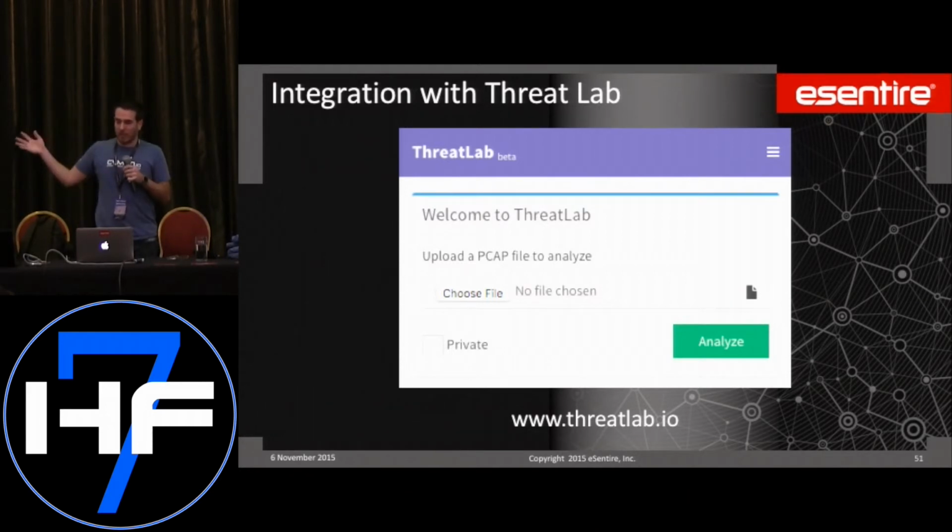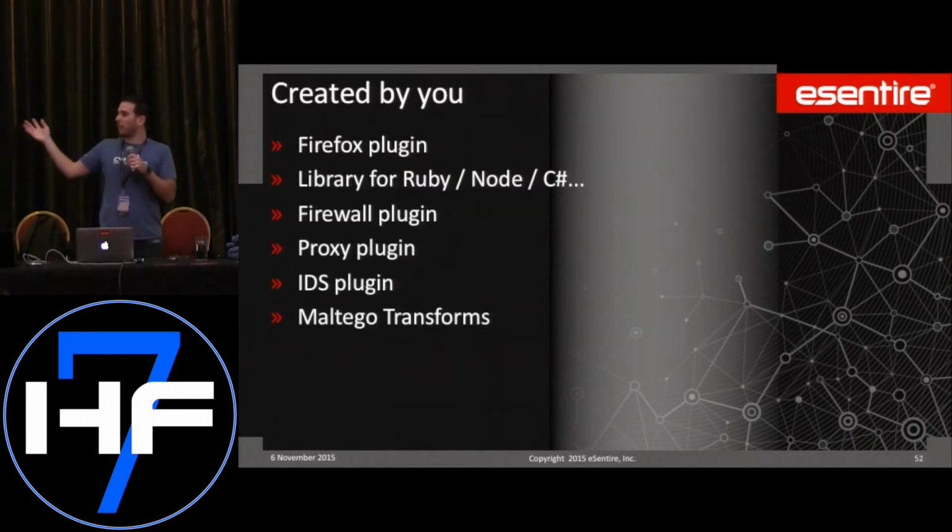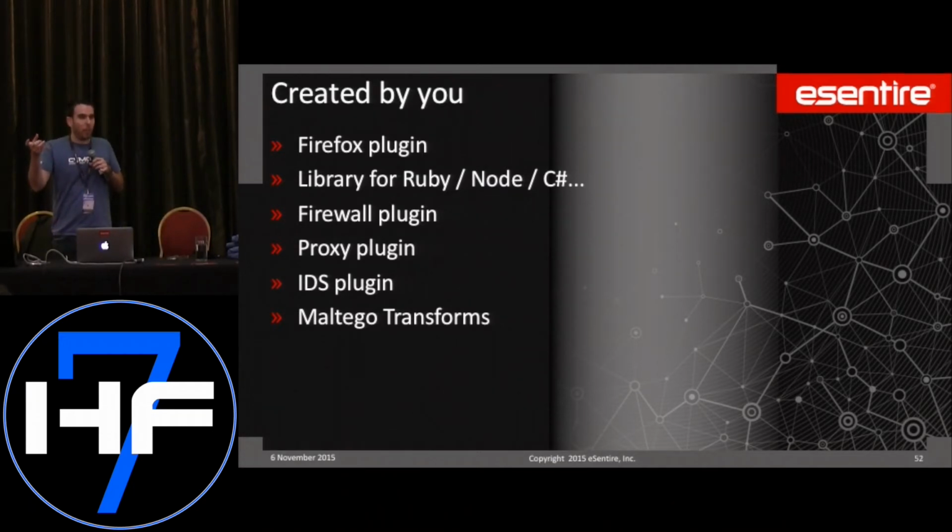We're almost done. Last slide, I just want to ask you, if you guys have time and you're interested in open source projects, there's a few things that we can use help with for Cymon. So if you want to create a Firefox plugin that does something like the Cymon Interceptor, or if you want to create a Maltego transform. If you guys use Maltego for open source intelligence gathering, right?